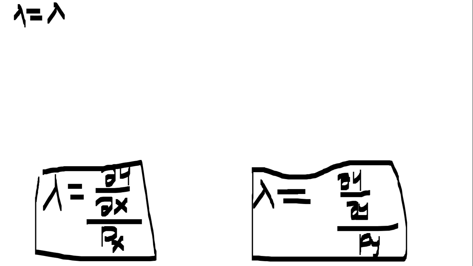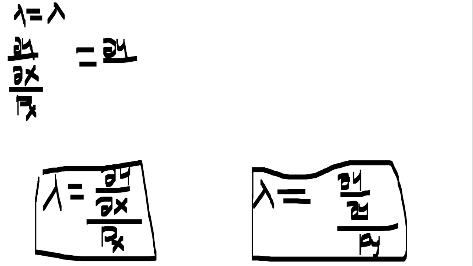Lambda from this side is change in u, change in x over px, so this whole term should equal the other side, change in u, change in y over py.